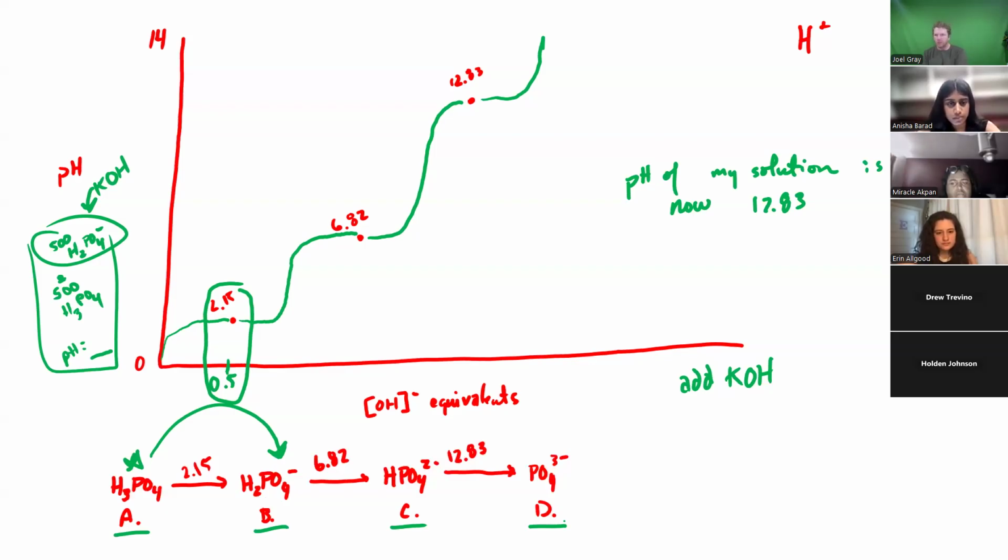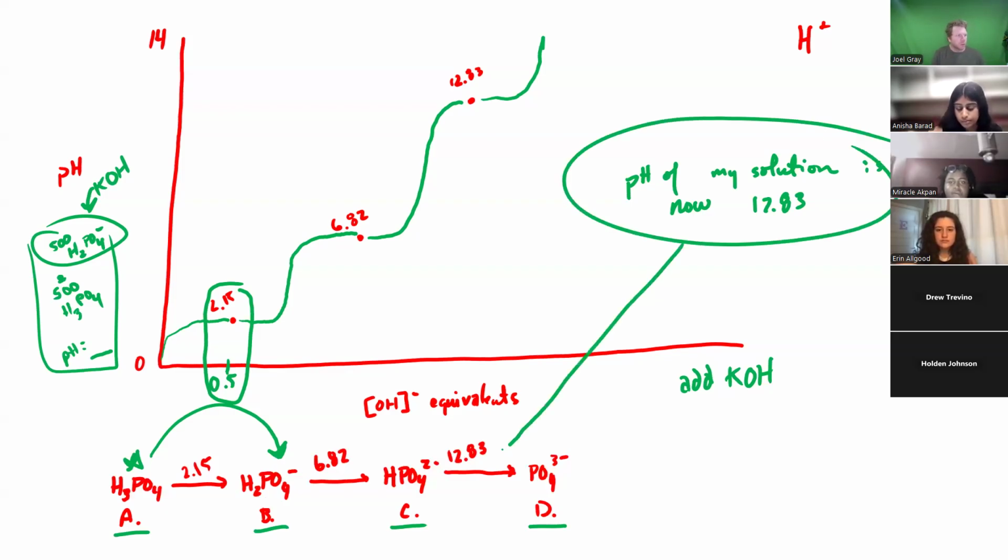Again, I started with 1,000, now I got 500. I got C and D. The correct answer is I've got C and D, because the pH of my solution over here is equal to this pKa.